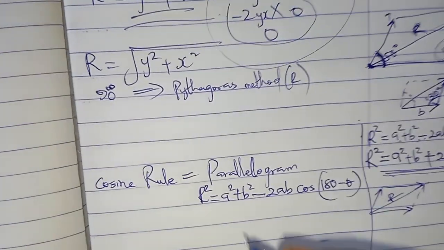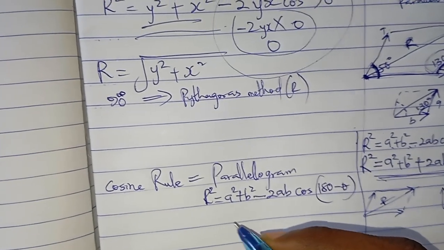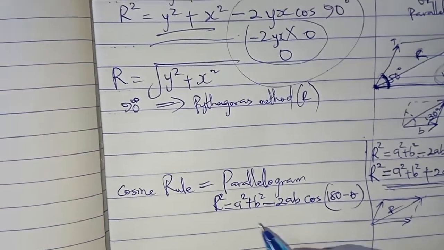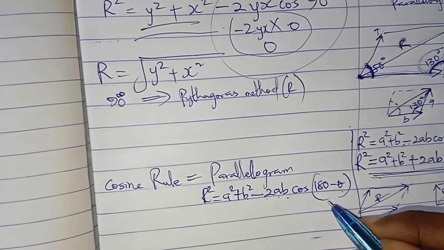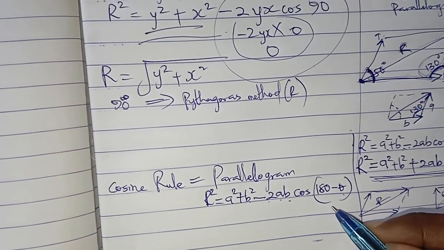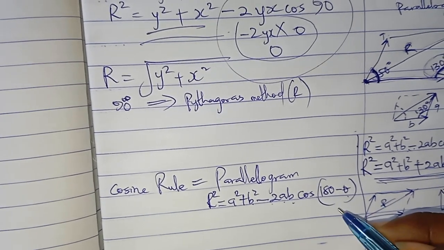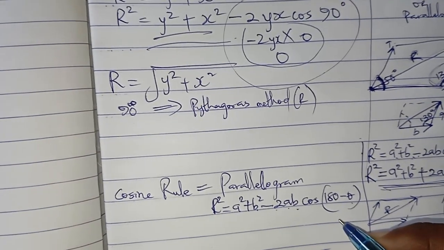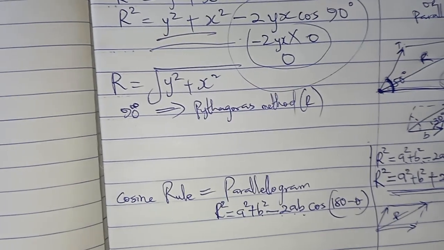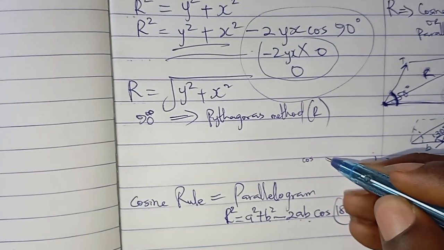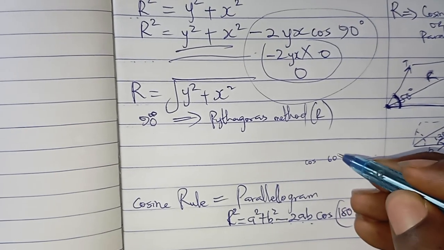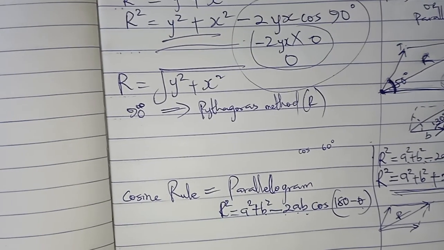Let's say I have a square plus b square minus 2ab cos (180 minus theta). By the time I do, let's say I'm giving theta to be 60 degrees.